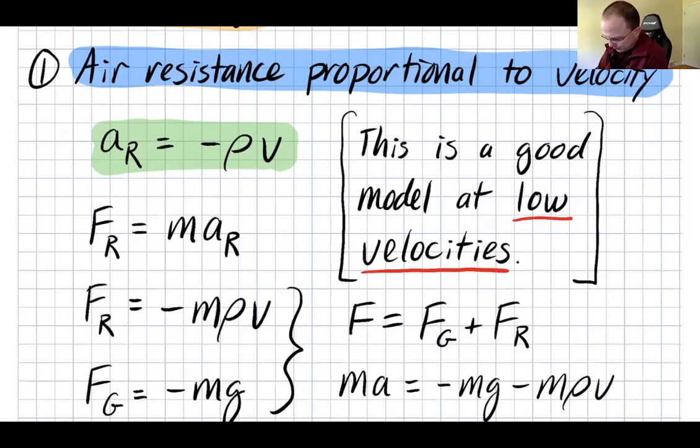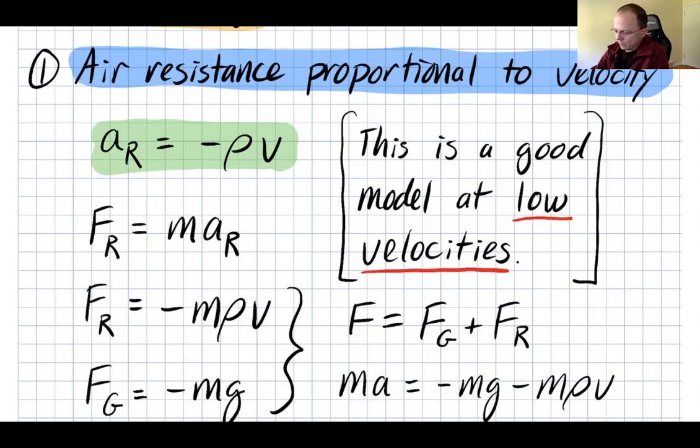In this case, the force due to air resistance is going to be negative rho times v. So why the negative sign? It's because if we're going down, our velocity is negative, because our y of t is decreasing, and so our velocity, which is the derivative of y of t, will be negative.